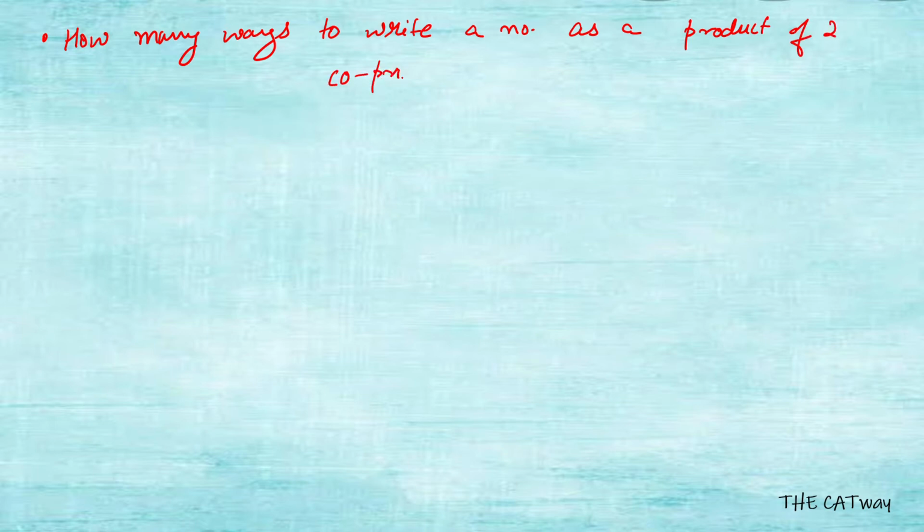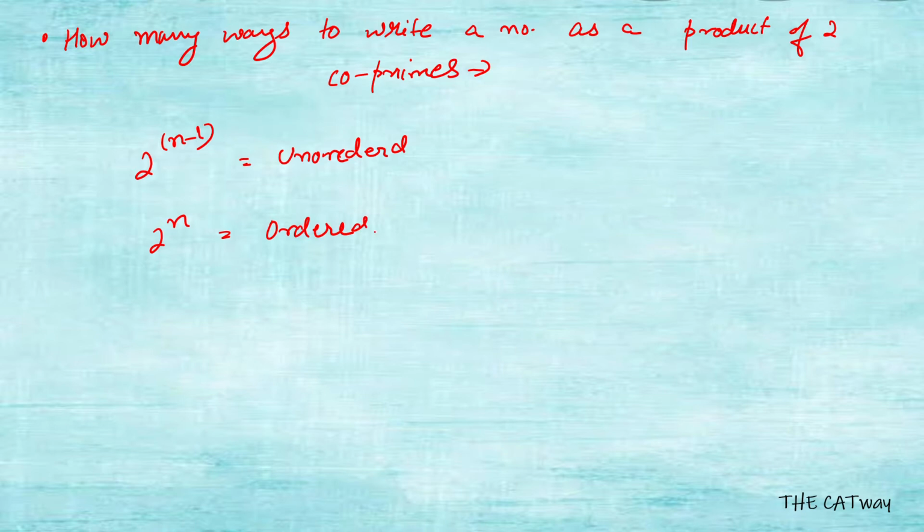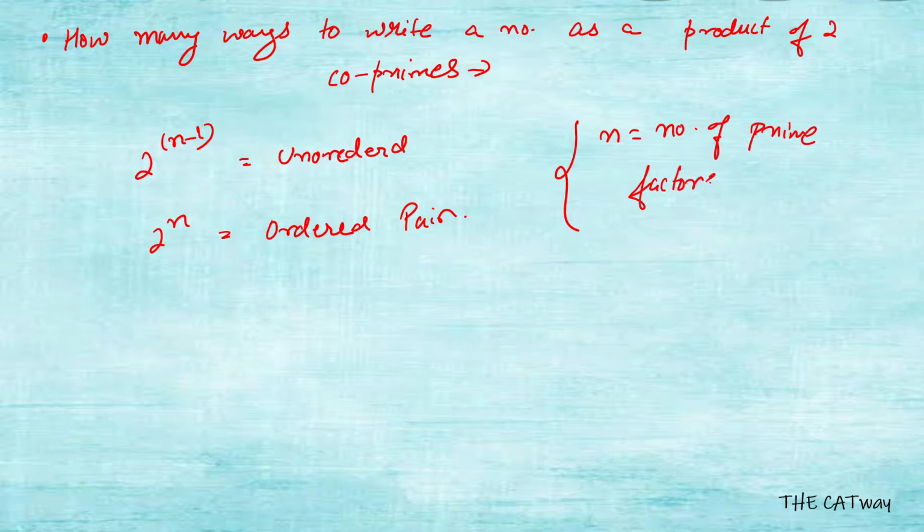Okay, so the formula for this is 2 to the power n minus 1 for unordered pair, and it is 2 to the power n for ordered pair. Now what does n mean? n is equal to the number of prime factors used in that number.